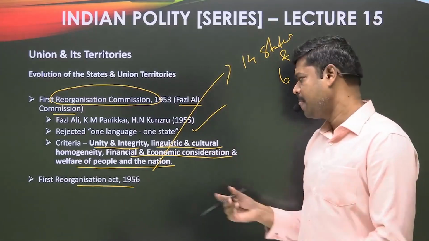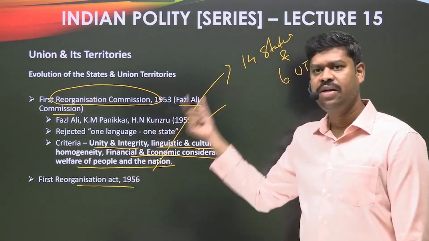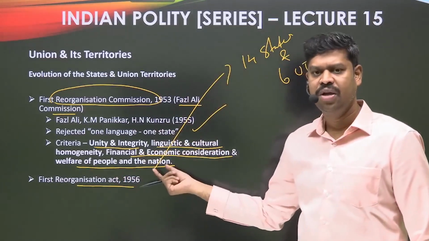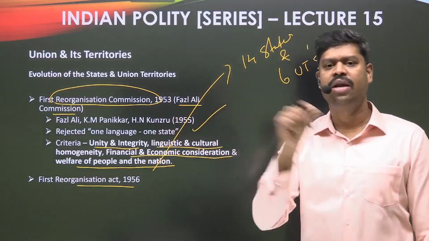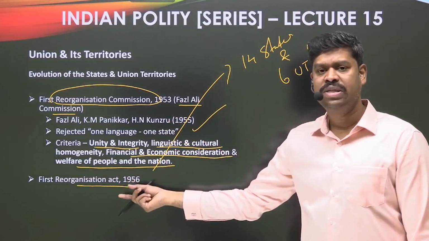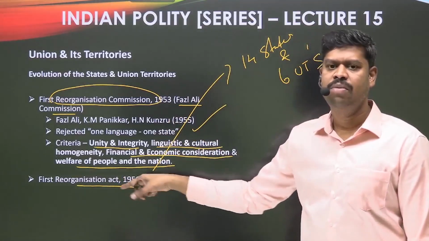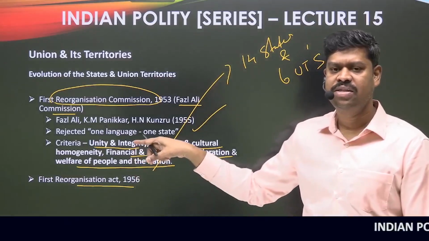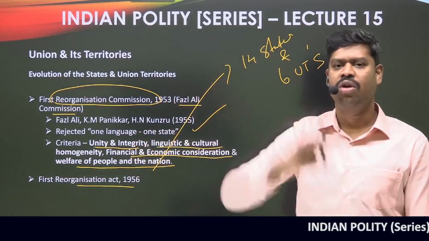Now tell me, this 14 states and 6 union territories created by the first Reorganization Act, under which article in the constitution was this act passed, and what was the majority required for the parliament to do all those things? Because you try to understand that all these things are basically an internal reorganization.